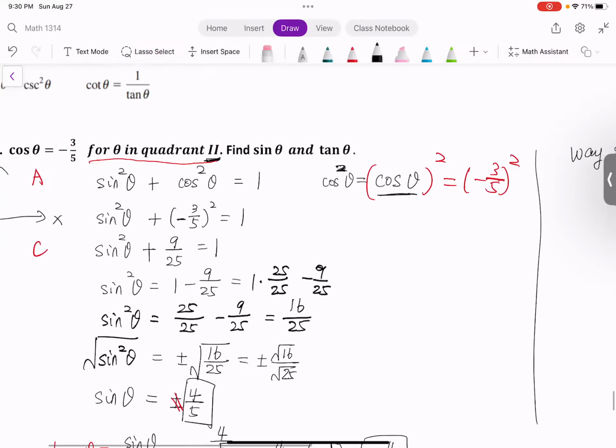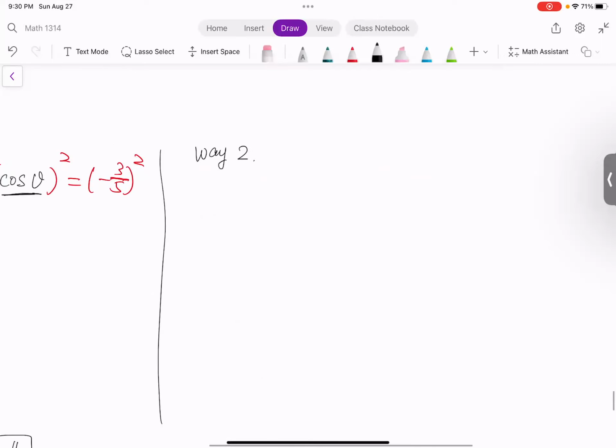So the given information is cosine theta equals -3/5, and theta is in quadrant 2. This symbol represents that it belongs to or is inside of some interval.